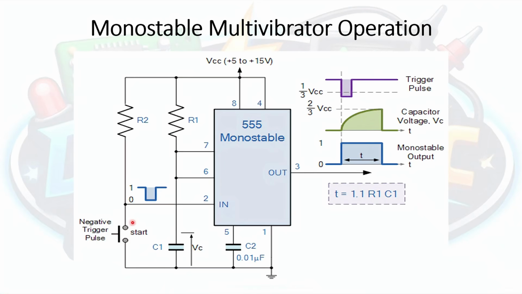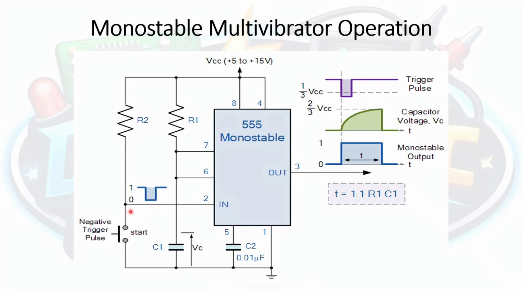Initially, when the push button switch is not pressed, the signal here on pin number 2 is high because it's connected to the positive terminal of our DC supply source through the R2 resistor.